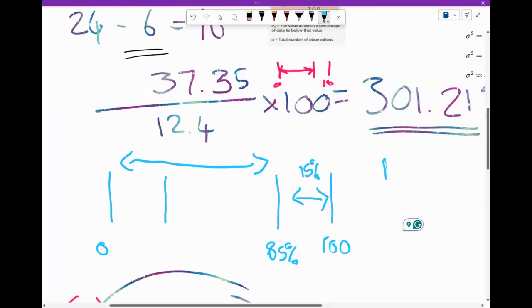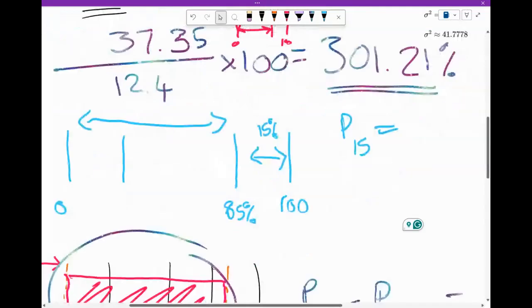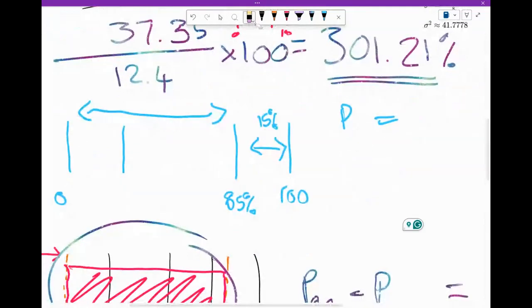So you're saying we should do P15. But P15, is that not going to give us the bottom? So what should we be calculating? The 85. So would it be the same thing as the one before? It will be. Which gave us 21.5. So here we go. 85. Which gave us 21.5.